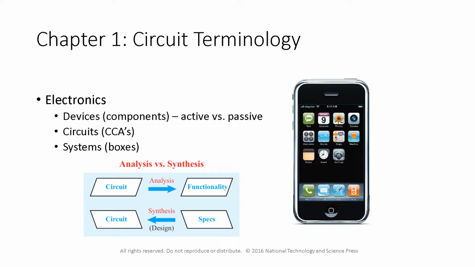And then you look at that functionality, and maybe you have too much current going through a certain spot, or maybe you're not getting the right amount of amplification for your camera, or other output criteria that might bring you back to the specs and back to synthesis. So this circle spins for a bit until you get a circuit or a box or a system that gives you an output that is acceptable and within parameters.